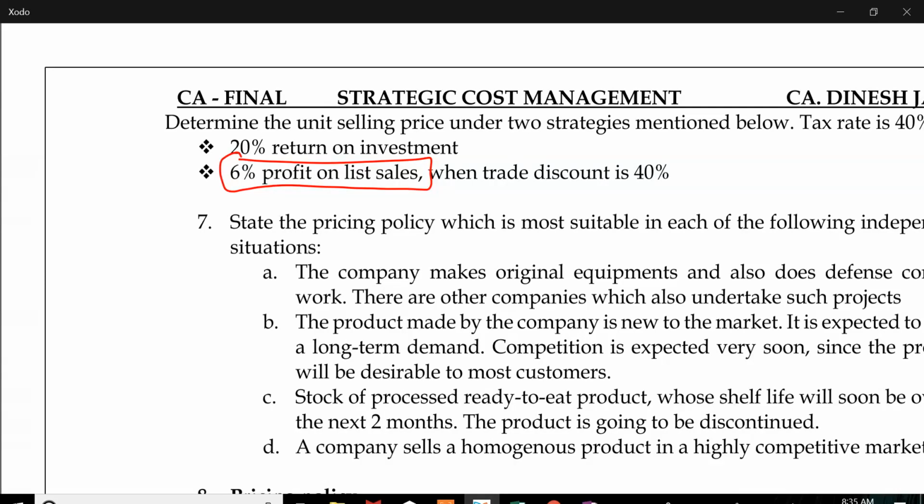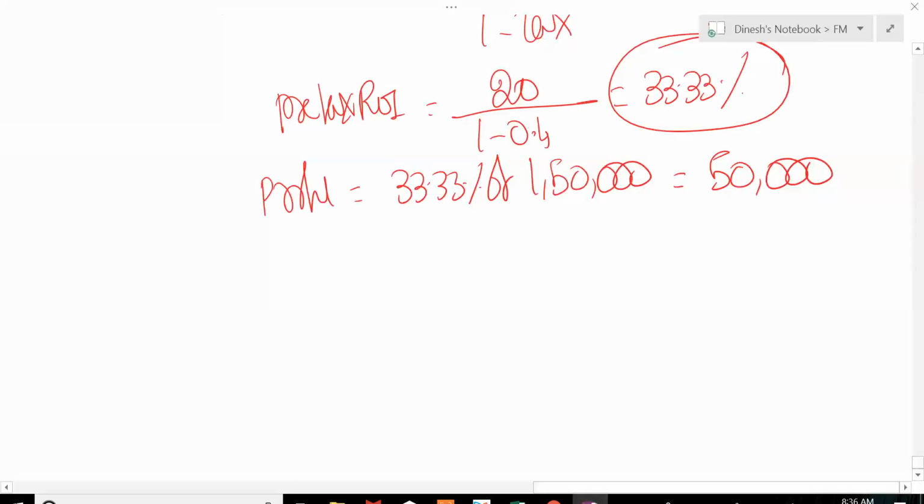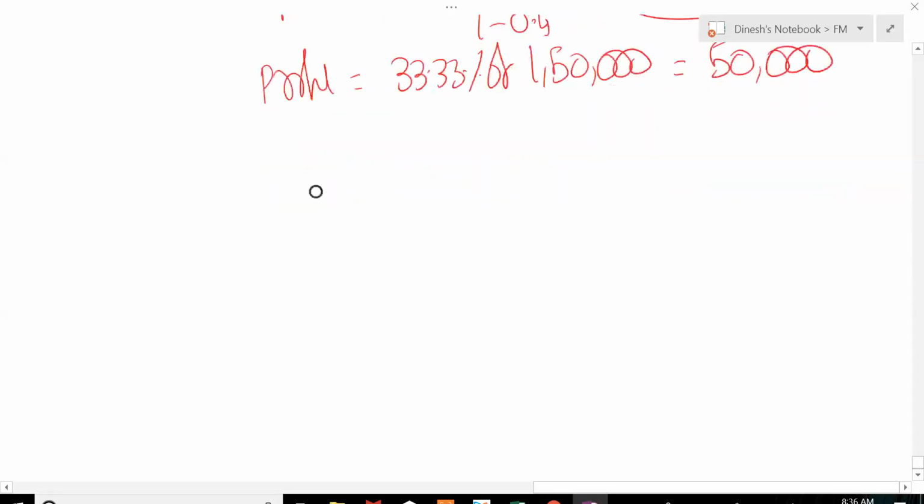It is assumed that 6% is the post-tax profit, and the corresponding pre-tax profit is 10% of list sales.